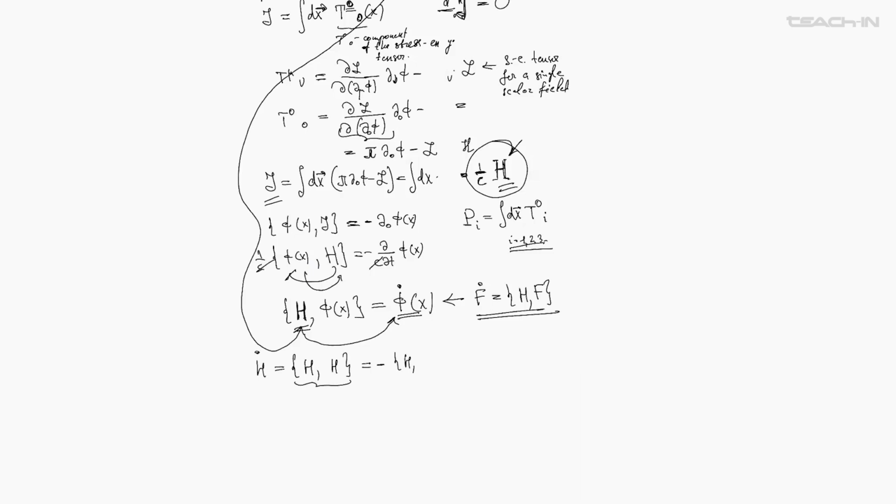But since now this function is equal to itself with the minus sign, it must be equal to 0, right? And so from here, you verified once again the conservation equation, H dot is 0.